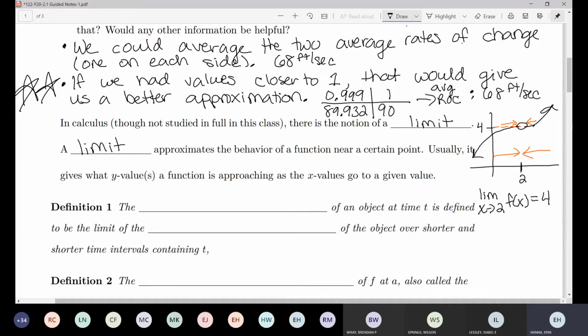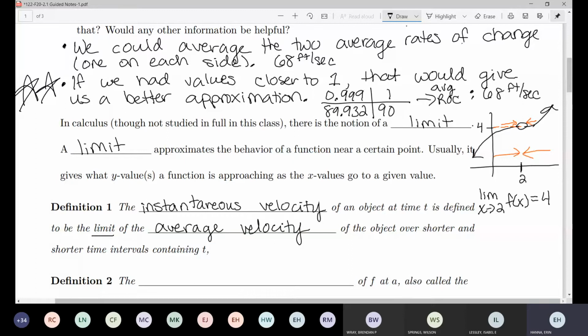So some definitions. The instantaneous velocity of an object at time t is defined to be the limit, which is why I needed to talk about it, of the average velocity of the object over shorter and shorter time intervals containing t.